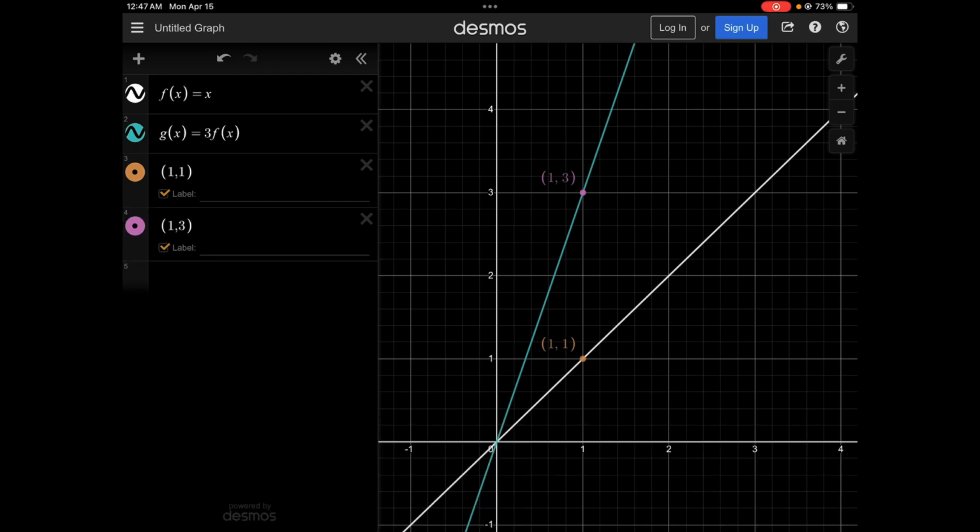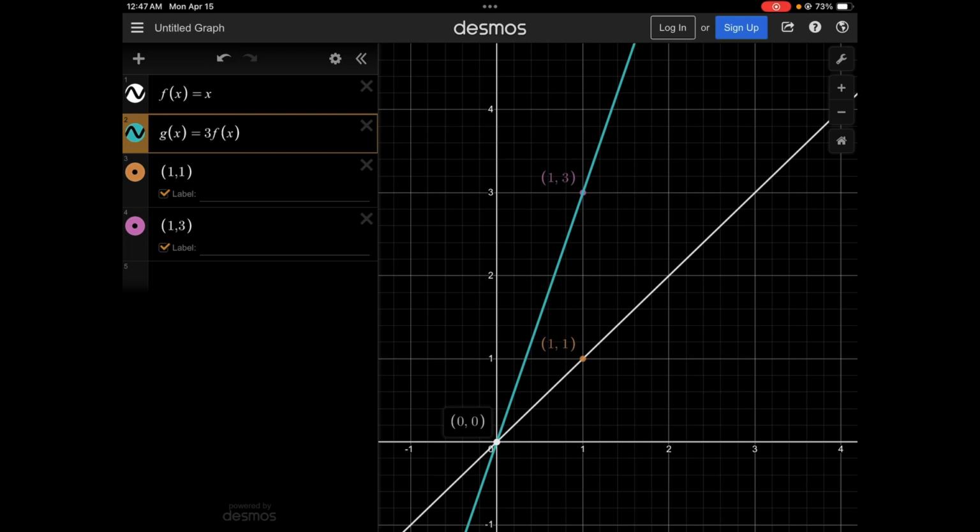So it's 3 times taller. Its height used to be 1. Now its height is 3. That's why it makes the line steeper. And of course, if you look at the origin, that stays the same. If you multiply 0 times 3, that's not going to change, so the height is not going to change.